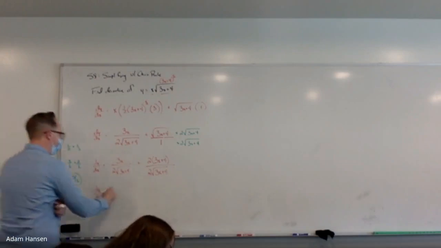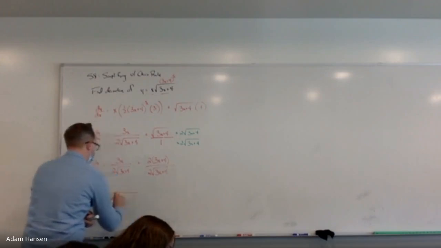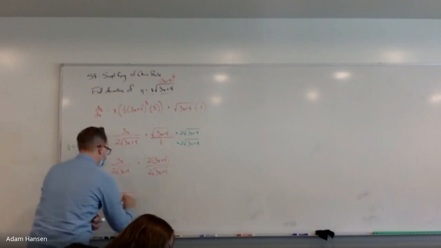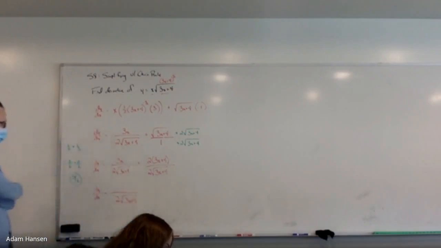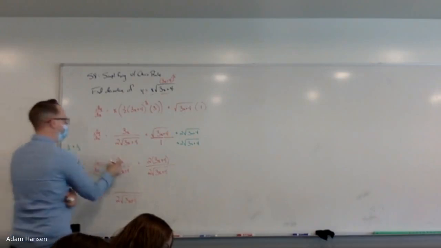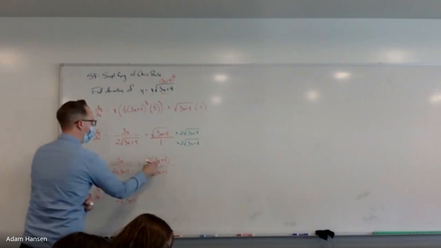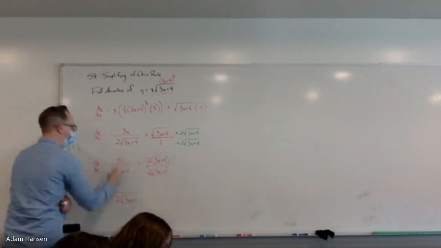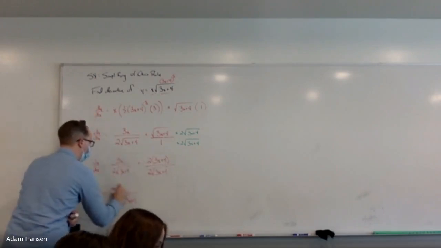I can add these together now, since they have common denominator. Putting these two numerators together, 3x plus 2 times 3x, that's 6x plus 3x, or 9x.